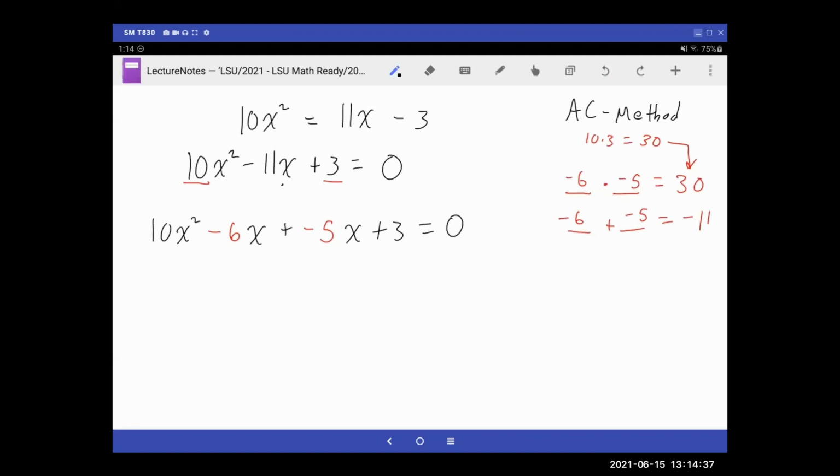Also, notice if you were to combine these two like terms, you would get -11x, right? So these two expressions are exactly the same, right? They look different, but they mean the same thing. So from there, okay, from there, I will group together the first two terms and the following two terms.